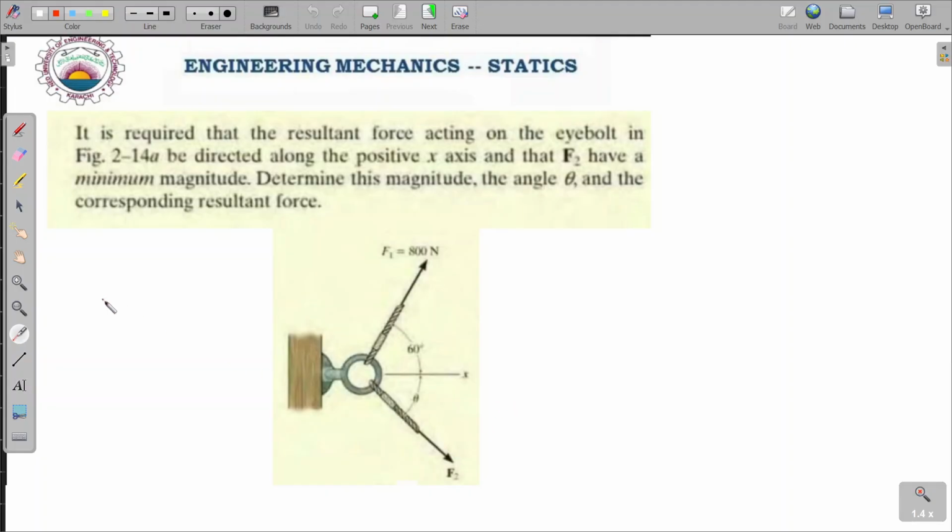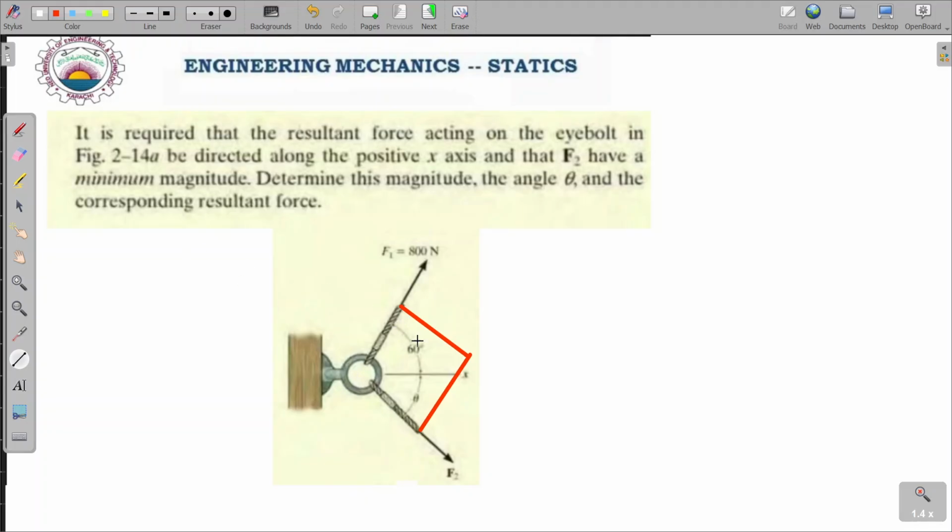If we construct a parallelogram from here, it can be constructed here, or rather over here also. So we can say this was F1, and this is F2.